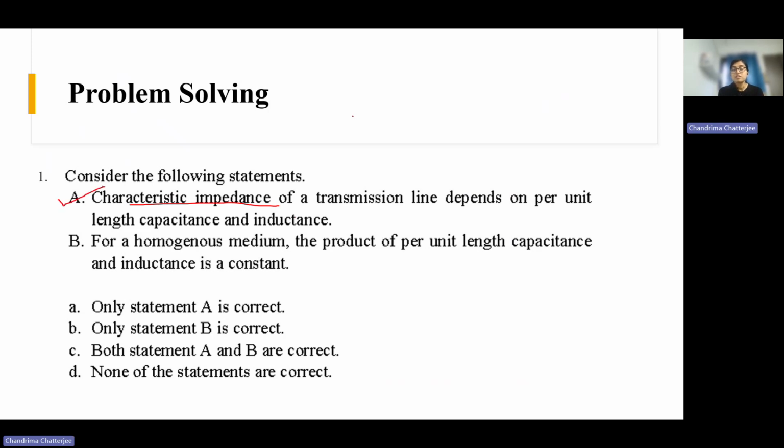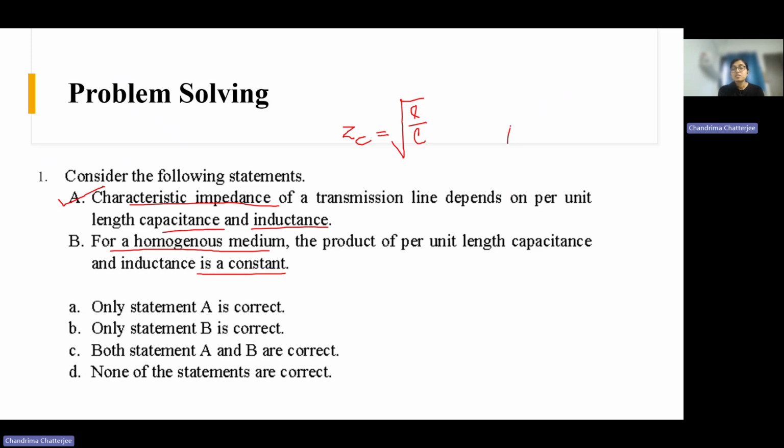We just saw that the characteristic impedance ZC is equal to the square root of L upon C, so it is definitely dependent on per unit length capacitance and per unit length inductance. B: For a homogeneous medium, the product of per unit length capacitance and inductance is a constant. That is also true.